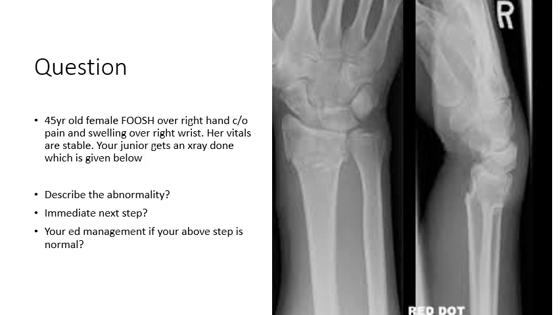Many of you must have written Colles fracture, but here I have asked to describe the abnormality. So you should describe it as fracture of the distal end of radius with dorsal displacement of the distal fragment. If you are like me, egoistic, then you write suggestive of Colles fracture.